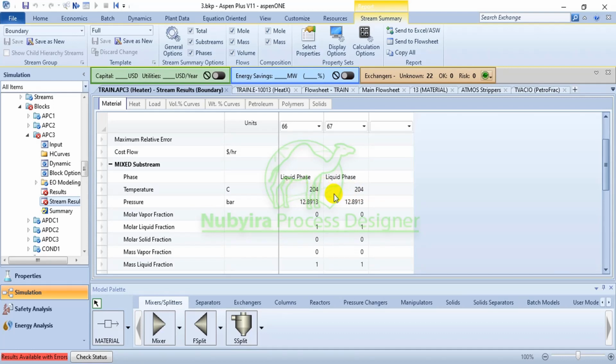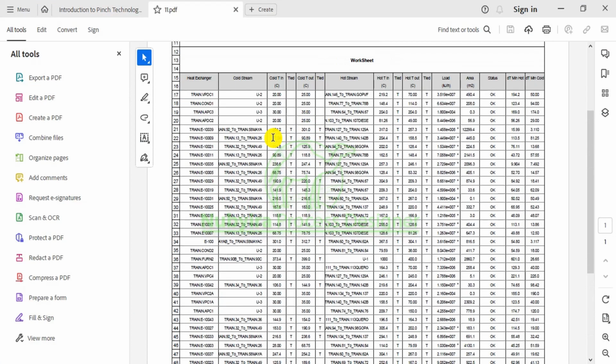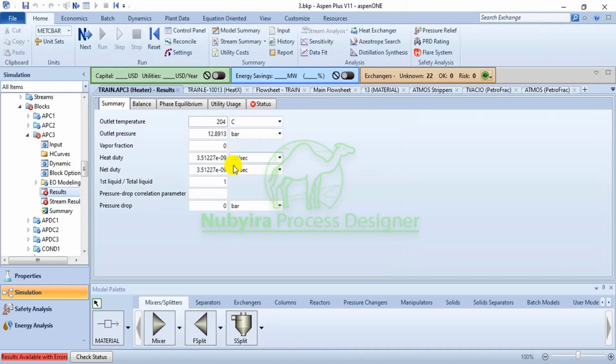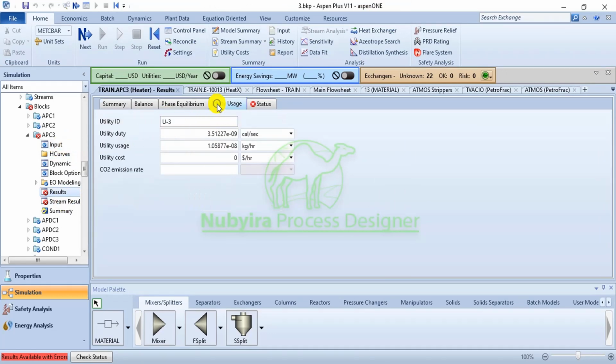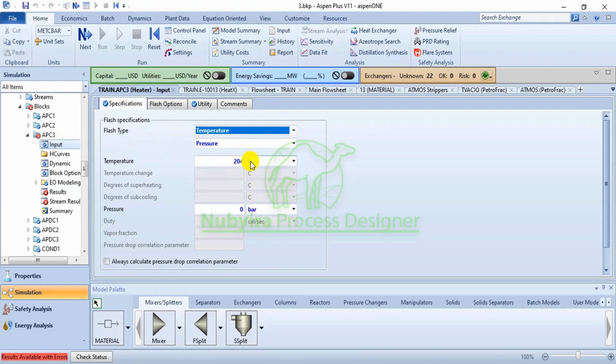I think the process wants to make sure that the APC cooler APC3 reaches the specified temperature, so you don't have to disturb yourself. Maybe because the duty is very, very small for the utility, it's not able to calculate the utility usage.